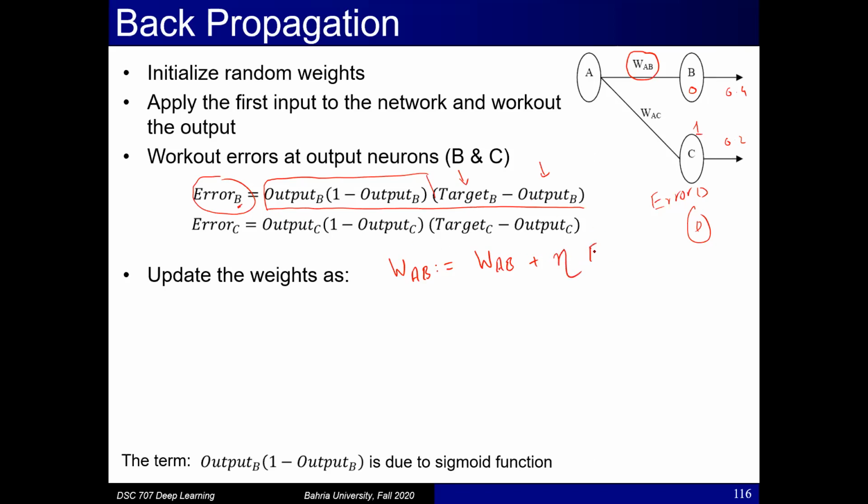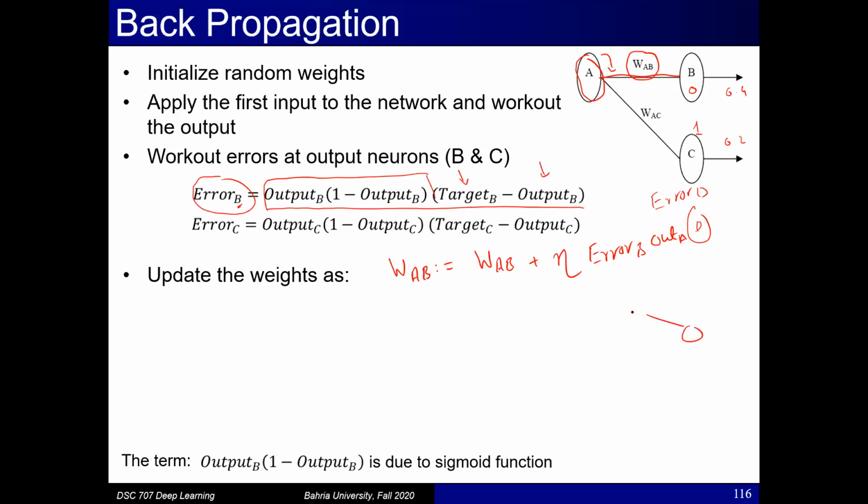Instead of the whole of this, I will simply write error at B. In the previous example, we were multiplying it with x1. Why x1? Because x1 was the input coming on this link. Now what is the input coming on this link? There is no x1. Actually, the output of this neuron is the input to this neuron. So here I will write output of A, because the output of A is actually the input of this.